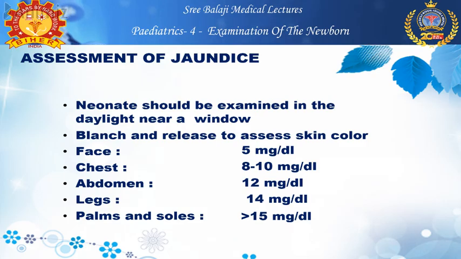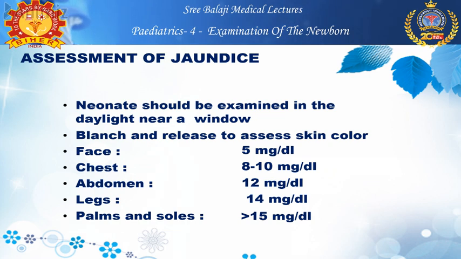A baby developing jaundice on the first day, a baby having jaundice up to the palms and soles, a baby's jaundice beyond 2 weeks, which is prolonged jaundice, or a baby's jaundice increasing day by day, we call this pathologic jaundice.